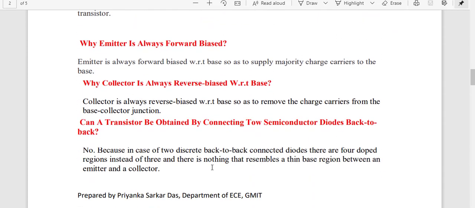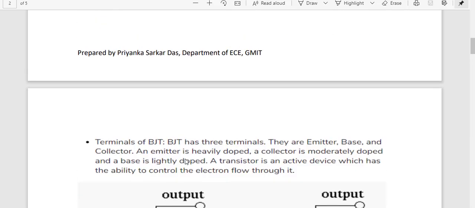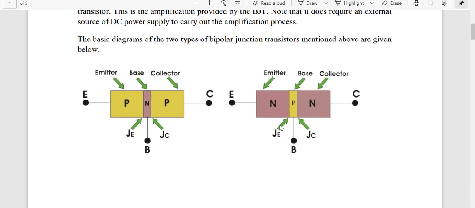Okay. Now again one question may be asked: can a transistor be obtained by connecting two diodes back to back? Here, according to the constructional view, you have two junctions, PN and NP. Now my question is, if you connect one PN junction with another PN junction, then what happens?